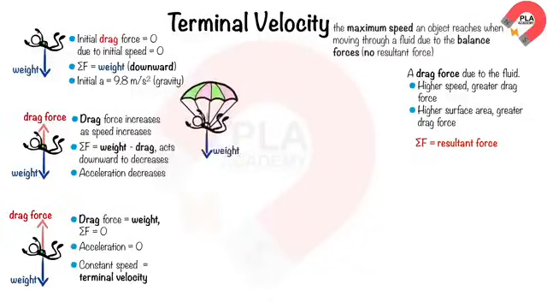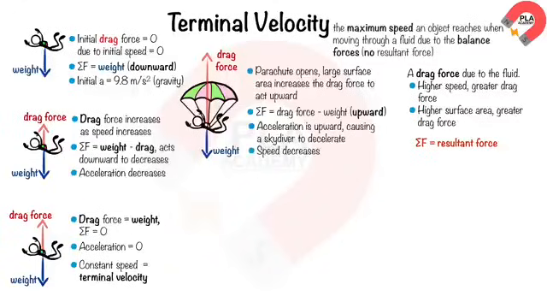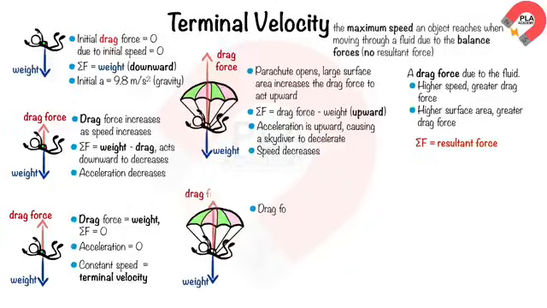When a parachute is opened, the large surface area increases the drag force, which acts upward. This causes the resultant force to be drag force minus their weight, which acts upward. Since the acceleration is also upward, the skydiver decelerates, and their speed decreases. As time passes, the drag force acting upward decreases as speed decreases.